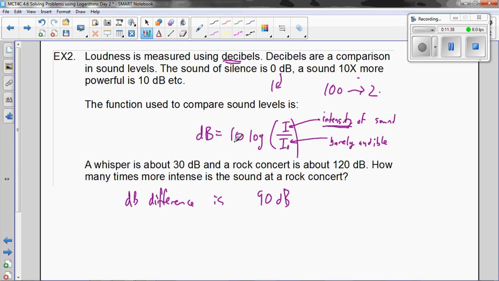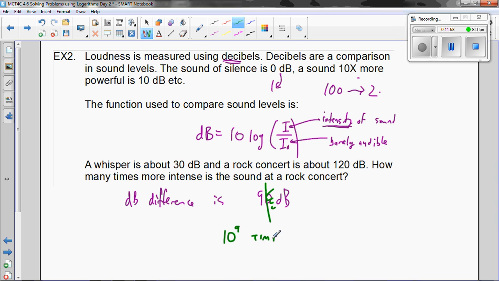That 10 makes me cut off the 0. That's the deci part. So it's not 10 to the exponent 90, because with decibels it's just 9, a factor of 9 more. So it's 10 to the exponent 9 times as loud.